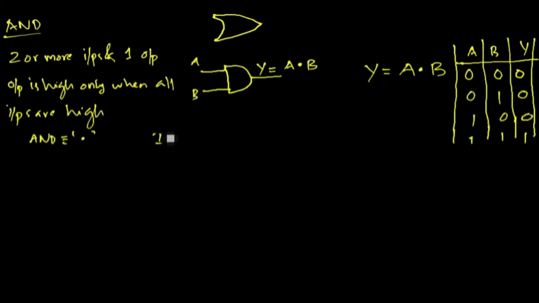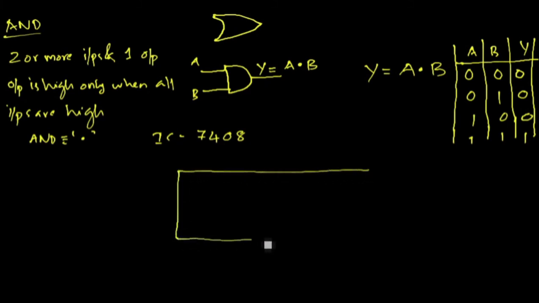Now, if you consider the IC 7408, it is the IC which represents the logical AND, or the IC 7408 is a logical AND IC. It is also a 14-pin IC.